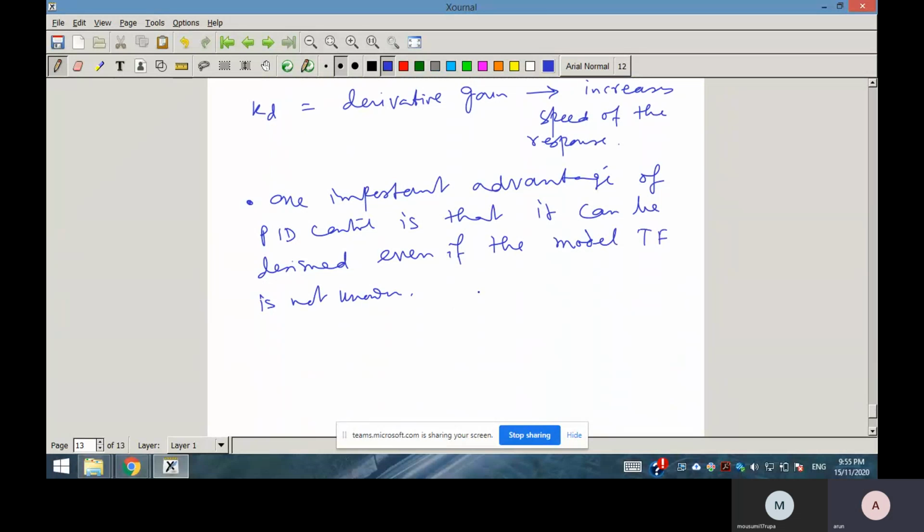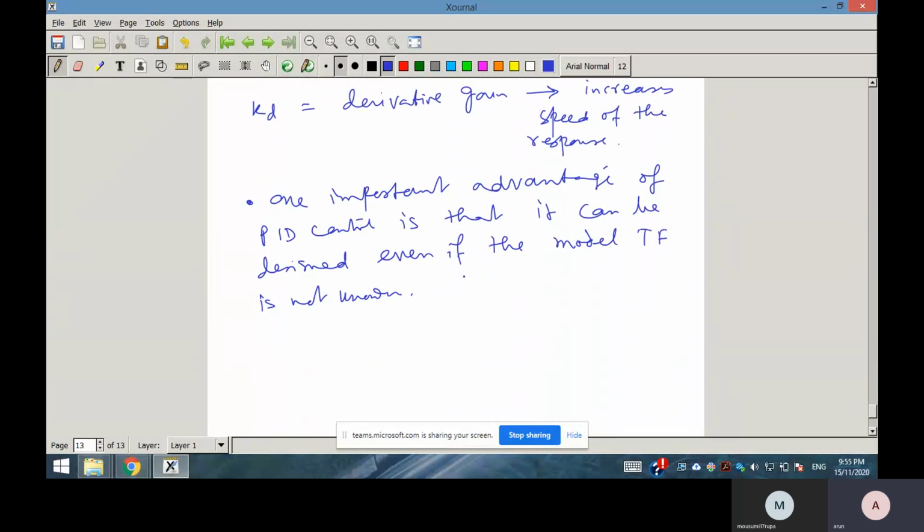This happens for most of the process industries. One such tuning rule is the Ziegler-Nichols tuning rules.